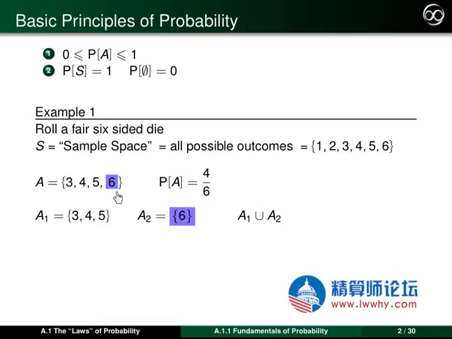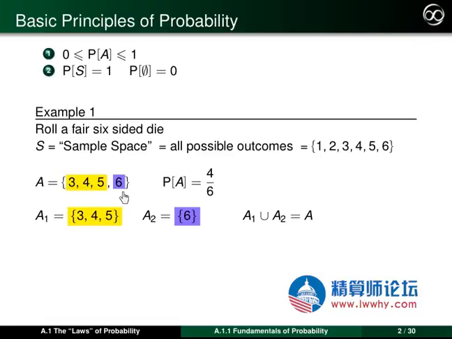A1 union A2, well, everything was either yellow or blue, so A1 union A2 was everything in A. What was also nice about this decomposition is that everything was either yellow, 3, 4, or 5, or blue, it was 6. So A1 intersect A2 is going to be the empty set.